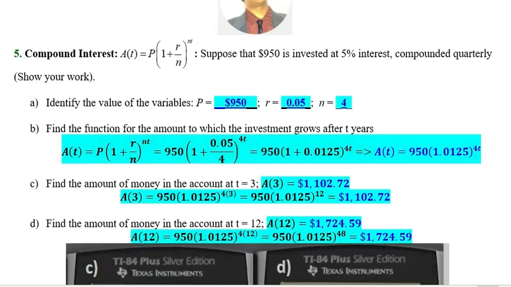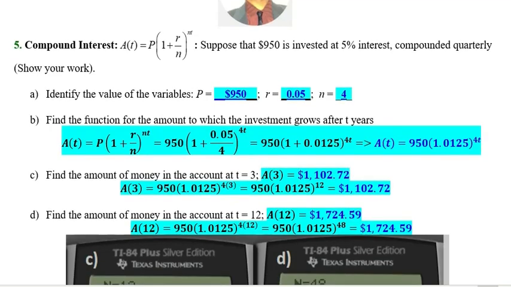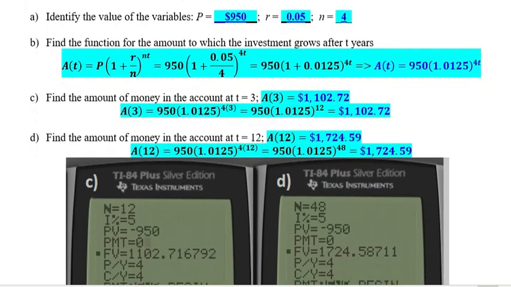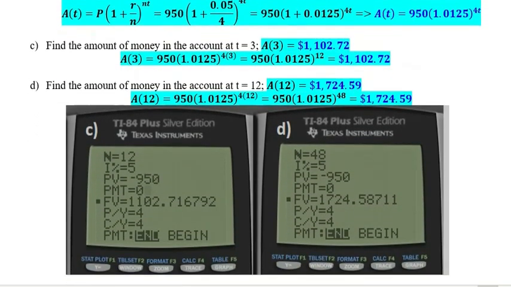Then we can calculate this using the TVM solver.